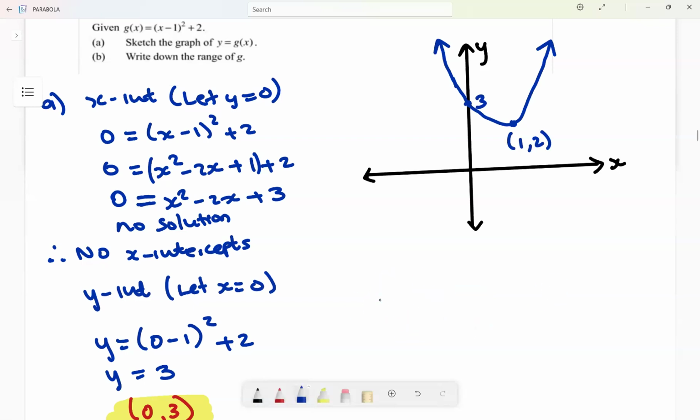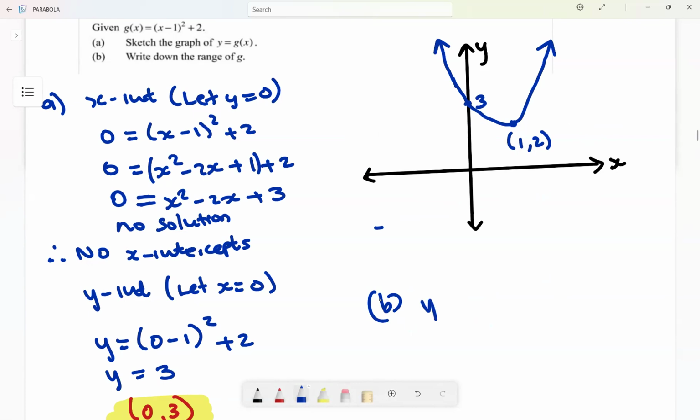And then let's answer number B. Number B asks, what is the range of the graph? Remember the range, I start from the minimum value. Where's my graph? I go up, and the value of y where I start finding my graph is when y is equal to 2.